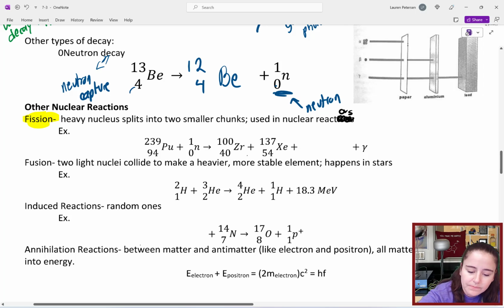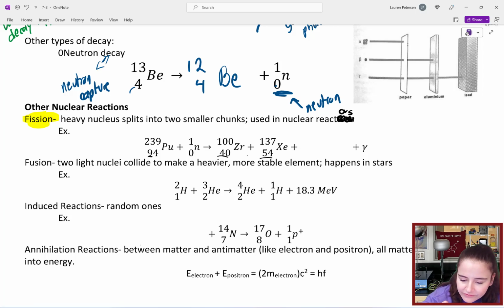Okay, so let's see. We got 94, 40, and 54, so that's good. It's going to be a 0 there. 239 and 1, that's 240. 100 and 134, 137 is 237, so we need a 2 there, which must mean 2 massive, but no positive charge.